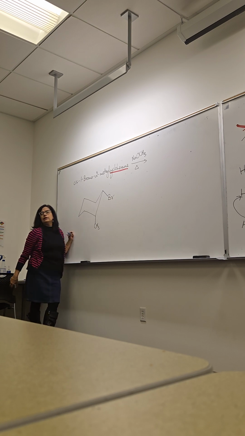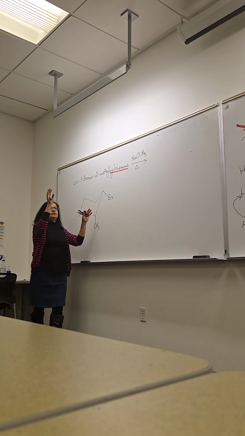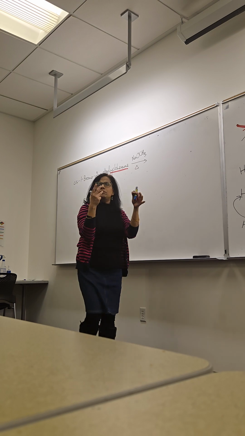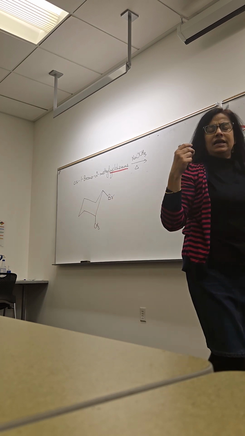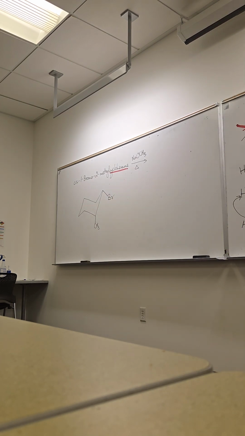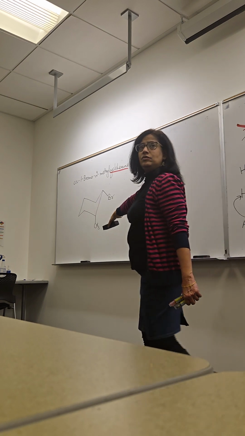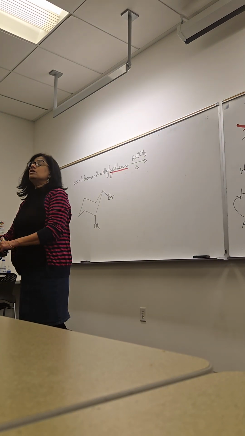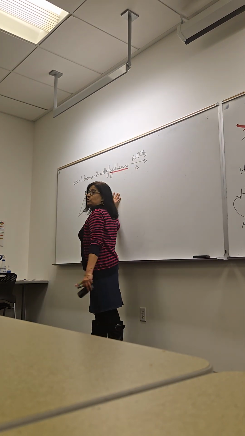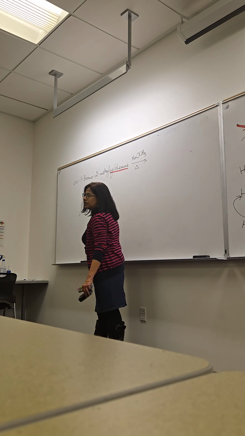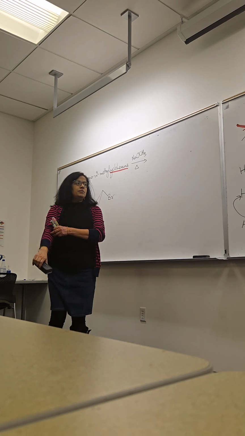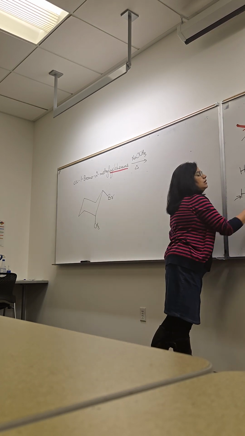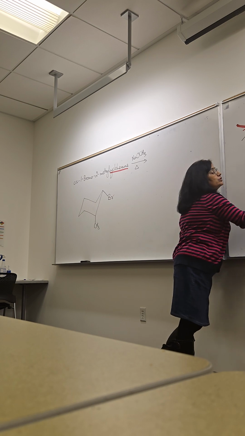Not everybody has to build one, maybe one or two per table, but let's do it very quickly, because I want you to see the detail. Do you agree that that is cis and it's the stable form? Because the bigger group, bromine, is in the equatorial position, the smaller methyl is axial. Remember, the equatorial position is more stable because there's more space.